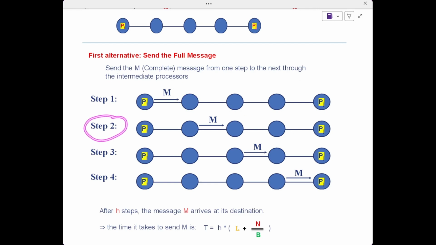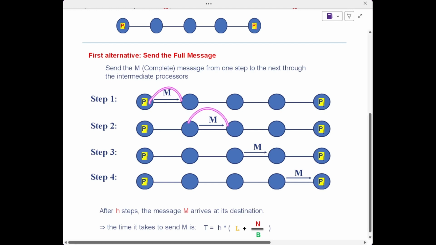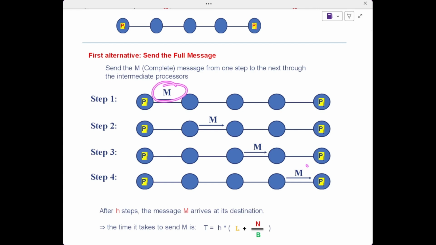After that, in step 2, I will send the same message to the next node. Then to the next node. Until in step 4 I will reach my destination. After each step, 1, 2, 3, 4, the message M arrives at its next node.